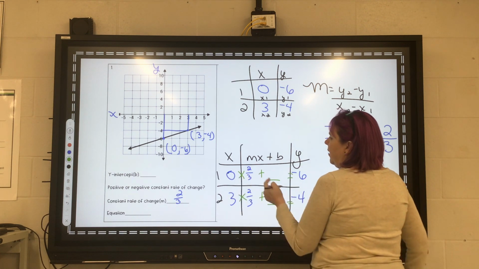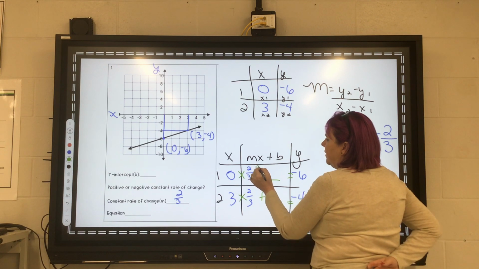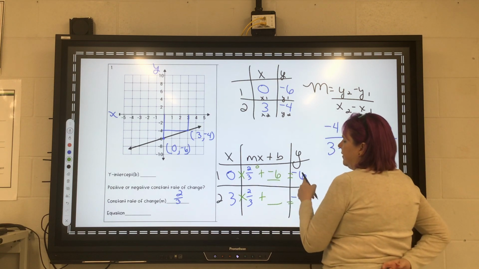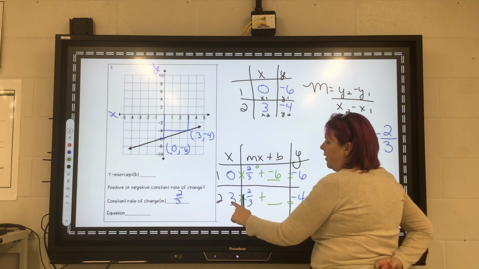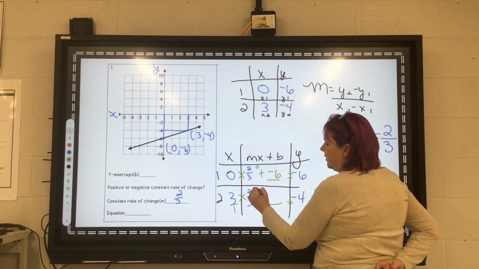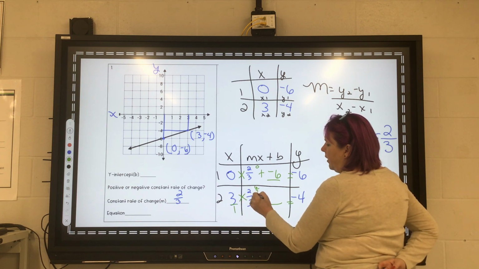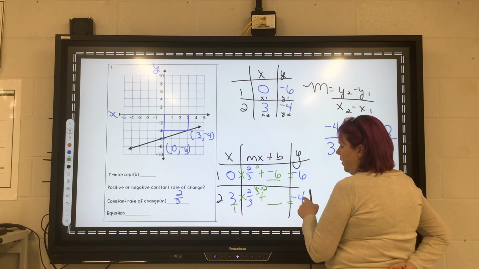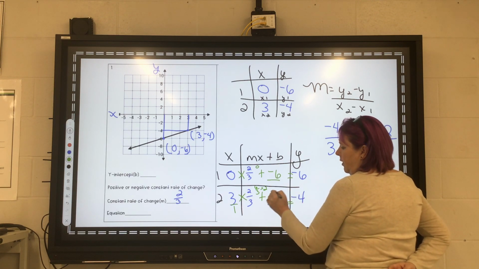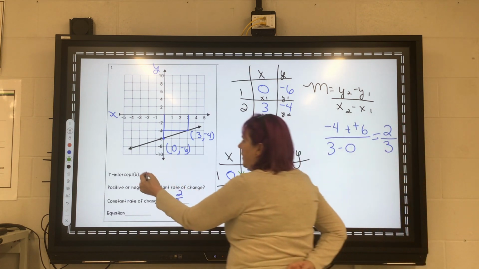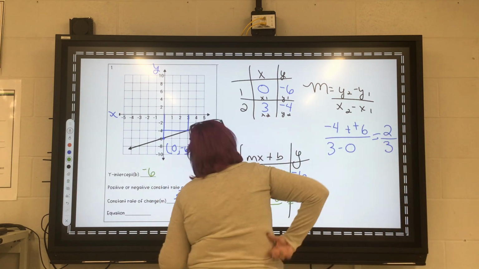So 0 times 2/3 is going to be 0. 0 plus b gives me -6. 3 times 2/3, and put this over 1, 3 times 2 is 6 over 3, which equals 2. So 2 plus what equals -4? It's, once again, -6. So my b is -6.